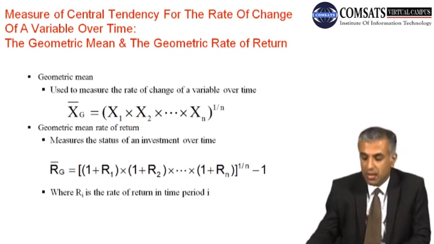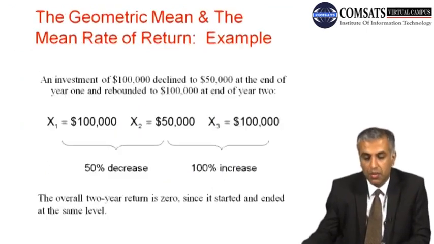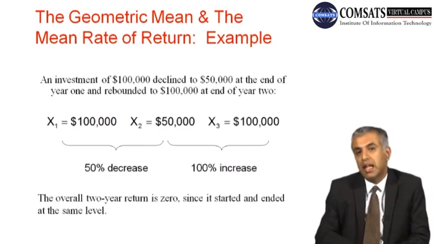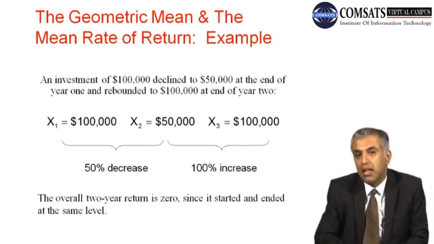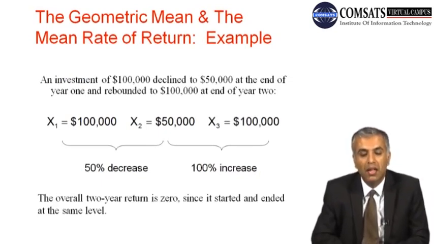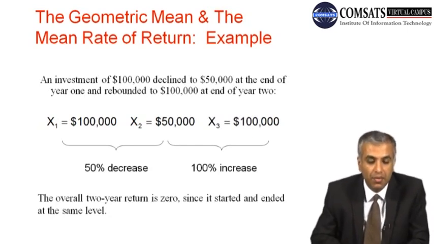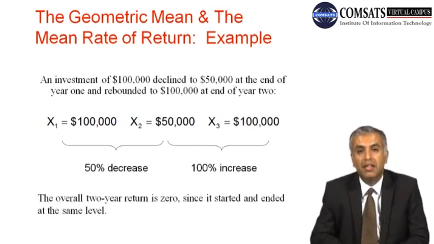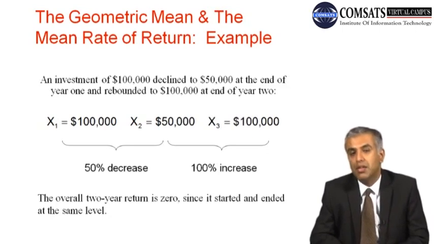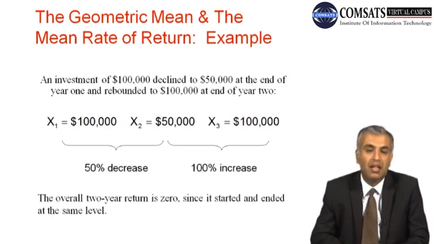So these are the conventional formulas which are used, but then we can elaborate it more clearly through an example. So let's say there's an investment of 100,000 which has declined to 50,000 over a certain period of time, that is, let's say at the end of the first year, but it came back and rebounded to 100,000 at the end of the second year.